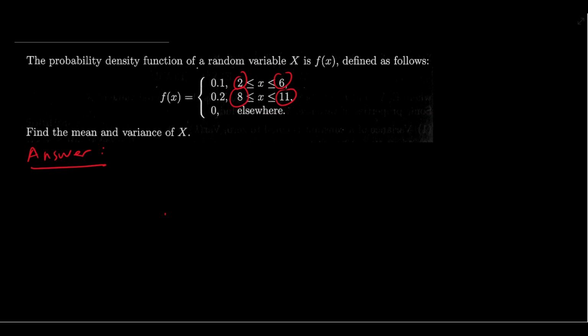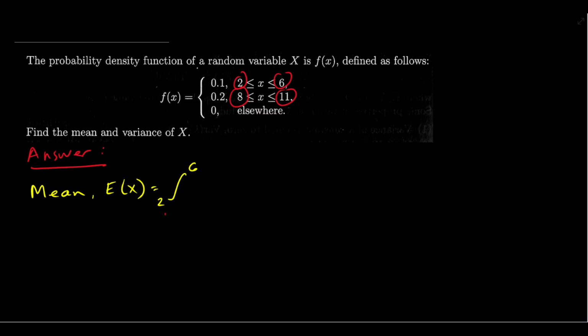So again, the mean for a probability density function of a continuous random variable, the mean of x, is given by the integral between, in this case, 2 and 6 for the first case, of that function times x.